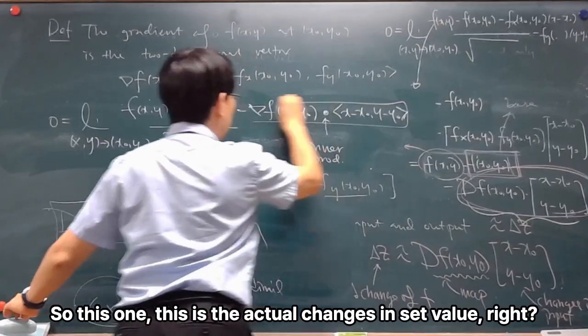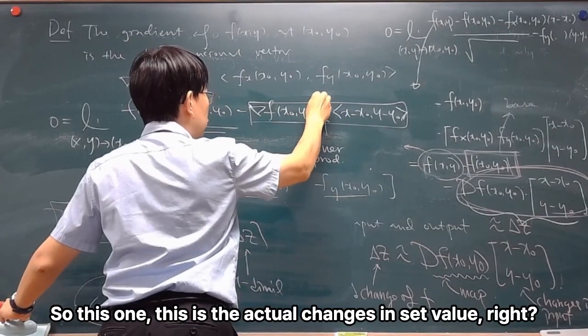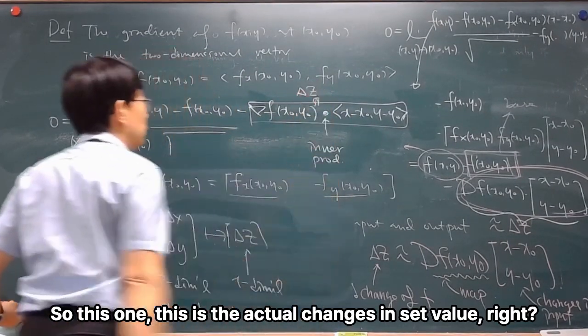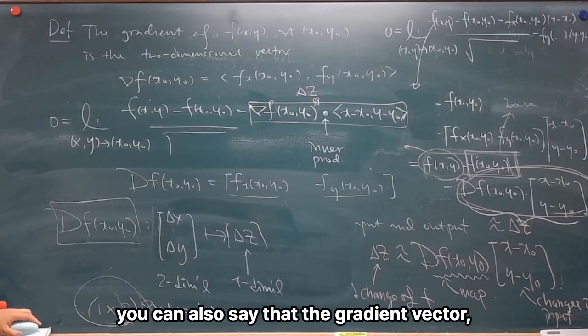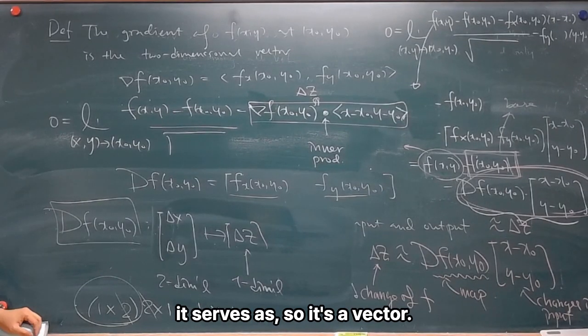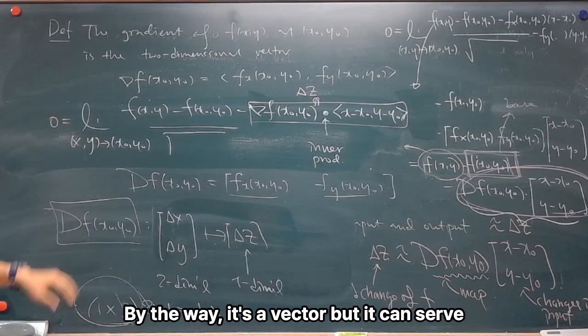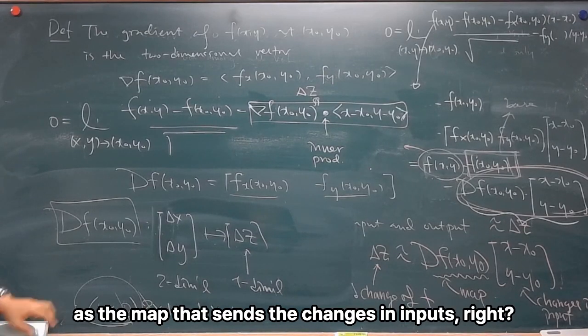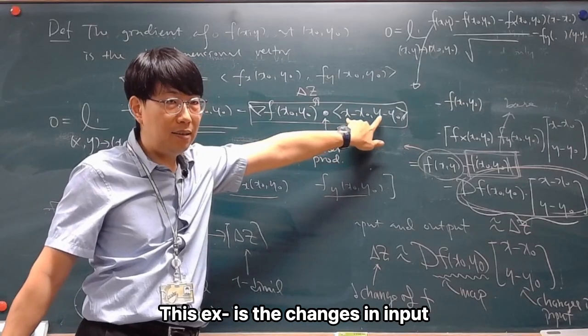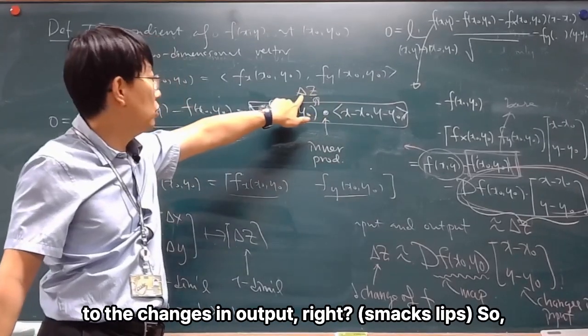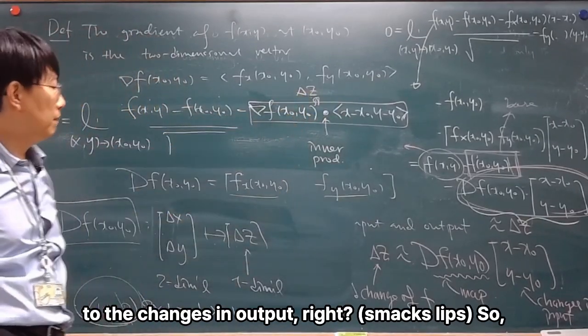So this is the actual change in z value, right? So in that case, you can also say that the gradient vector serves as, it's a vector by the way, but it can serve as the map that sends the changes in inputs to the changes in output, right?